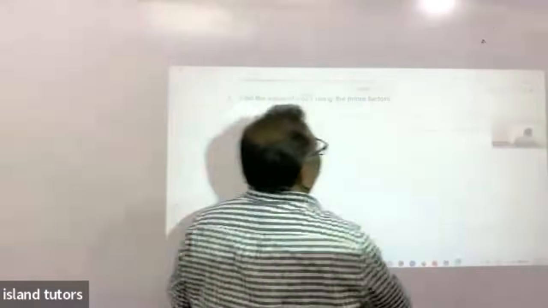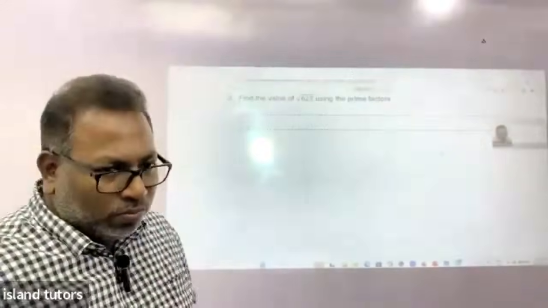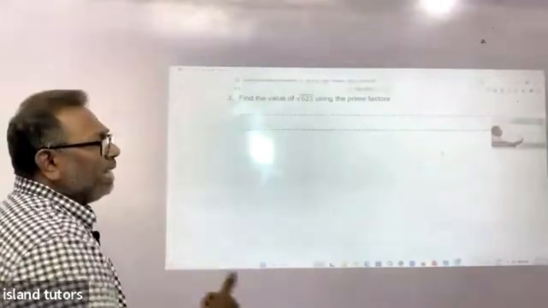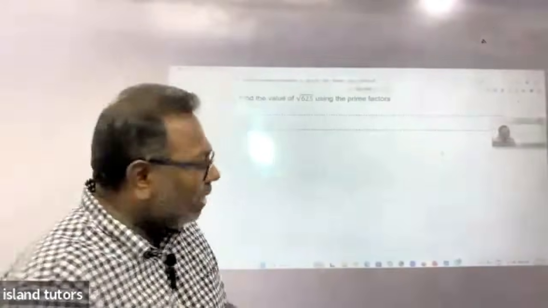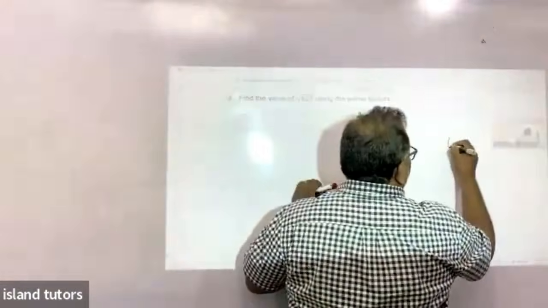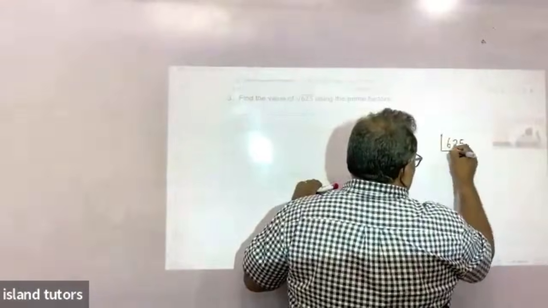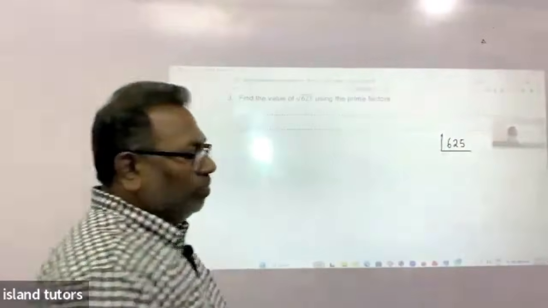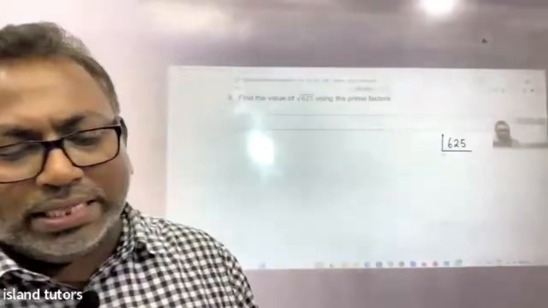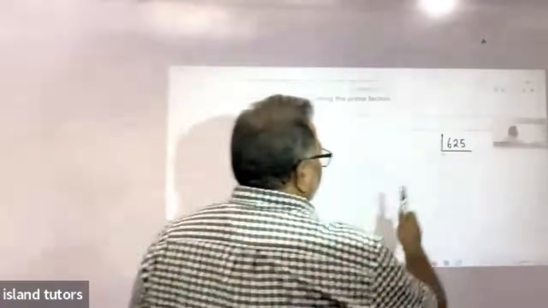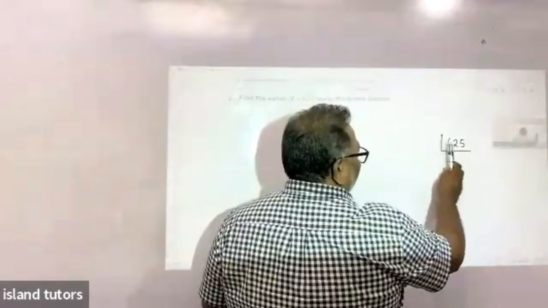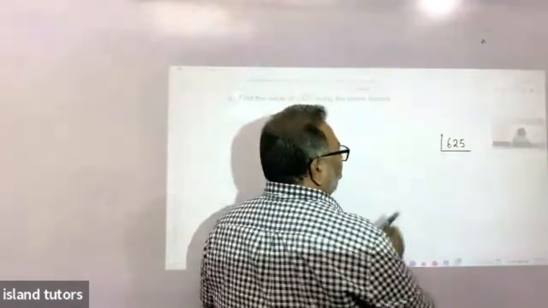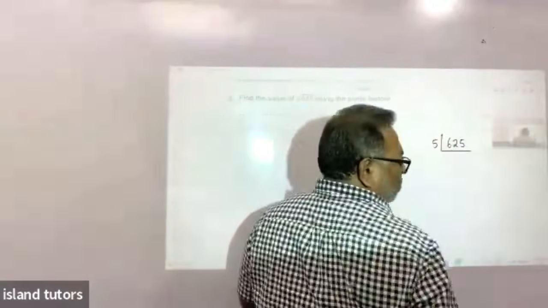Prime factors method, so what is that? Divide it using the prime factors first. 625 can't divide by 2. Can you divide by 3? Can't. So can divide by 5.